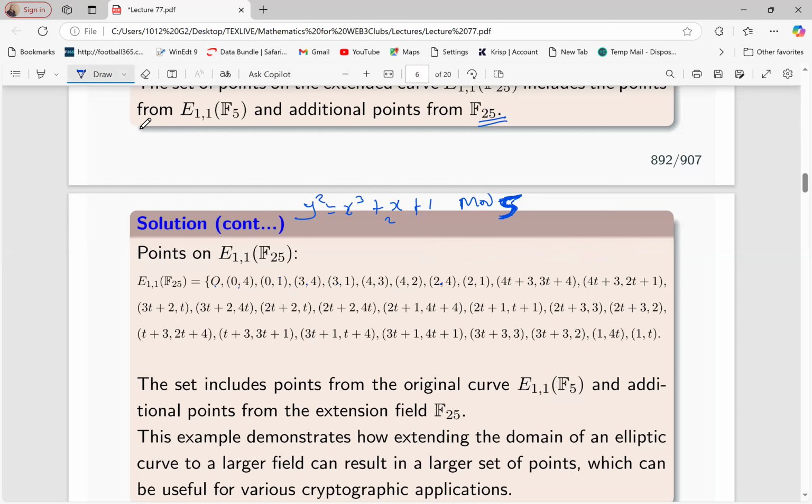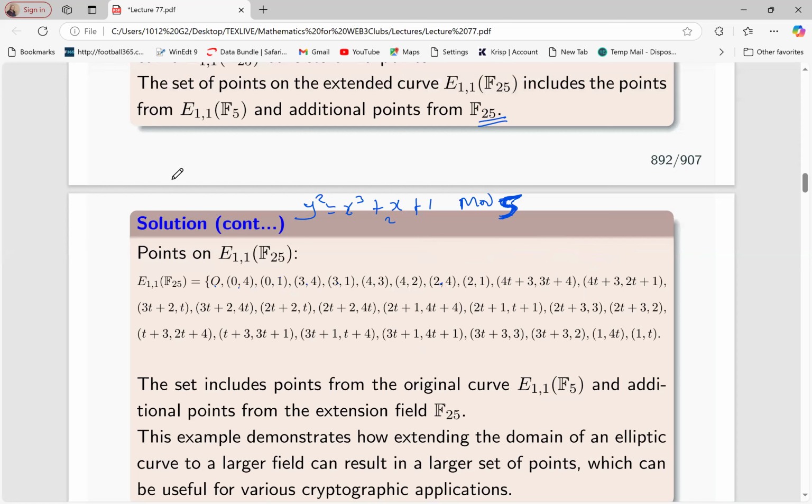It had 9, and now we've added more points. Now I want to try and see that this is on the elliptic curve. So where there is x, we put the x value. So this would be the same as 4t plus 3, that is the x value, cubed.